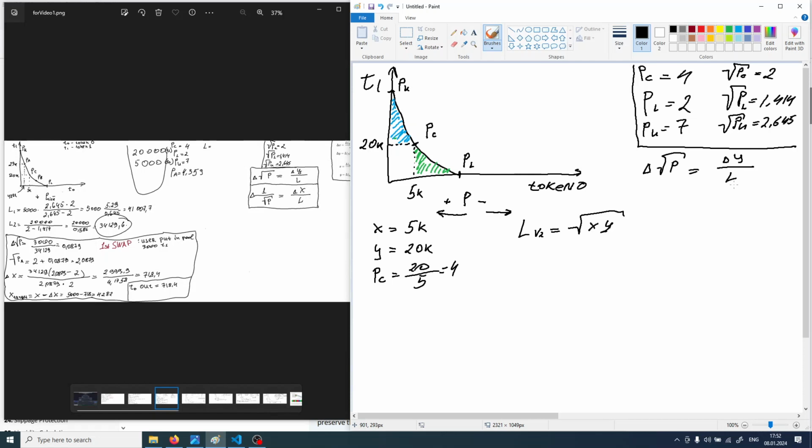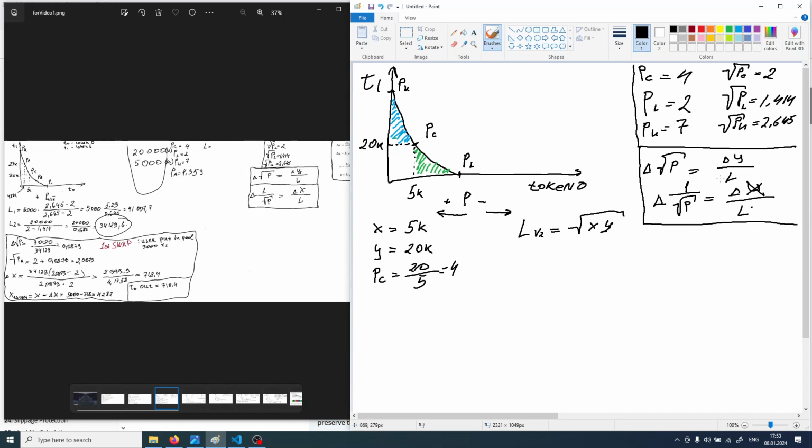And in the next formula we have delta 1 divided by square root price equals delta x times liquidity.